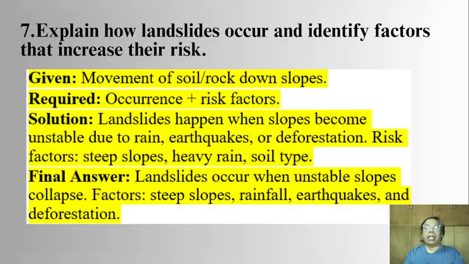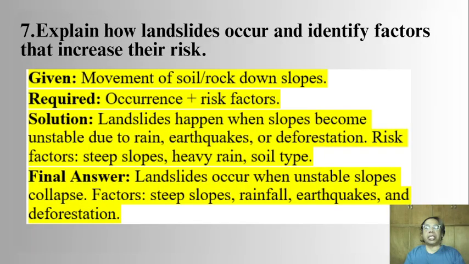Solution. Landslides happen when slopes become unstable due to rain, earthquakes, or deforestation. Risk factors: steep slopes, heavy rain, soil type.